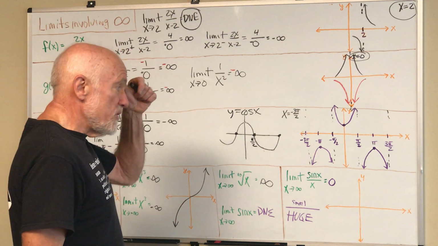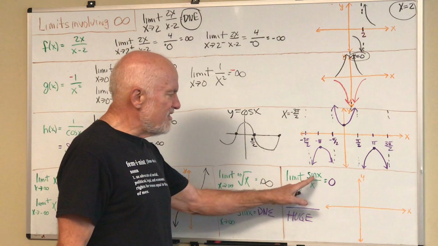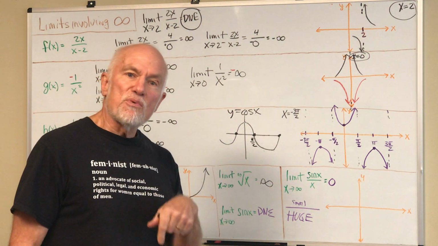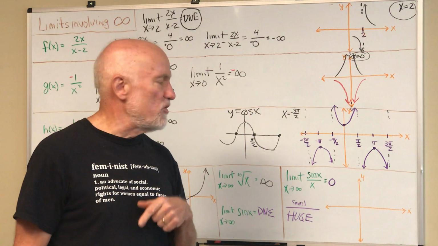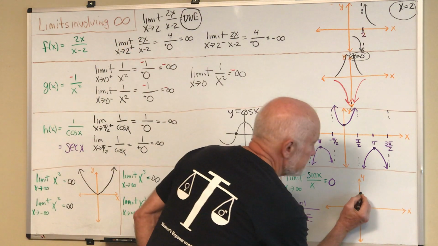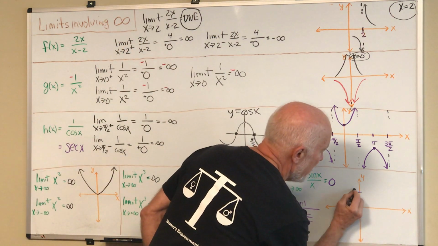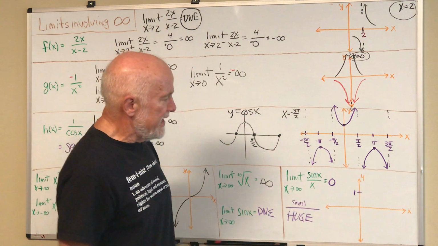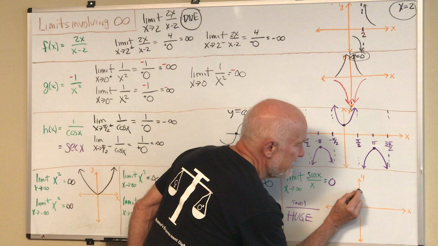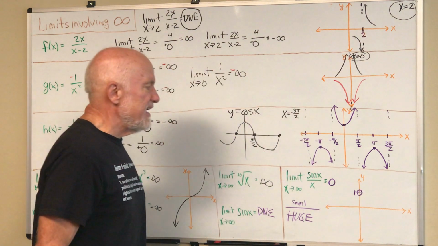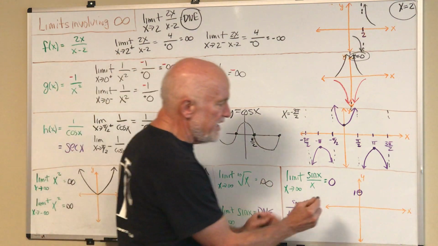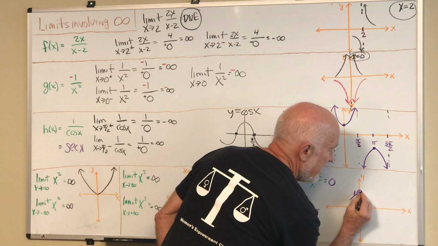Now, some of you might be remembering that we did something with the sine of x over x, but that wasn't as x approaches infinity, that was as x approaches 0. So here's x equals 0, and we found out the limit as x approaches 0 was 1. So we had this undefined function value at 0, but it was approaching 1.